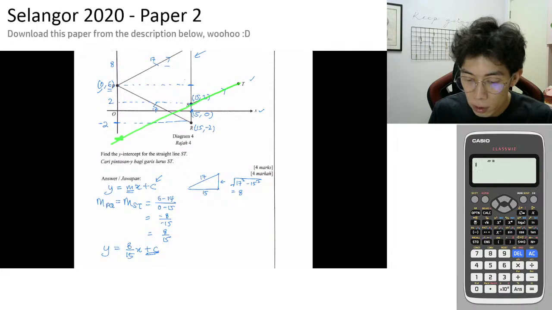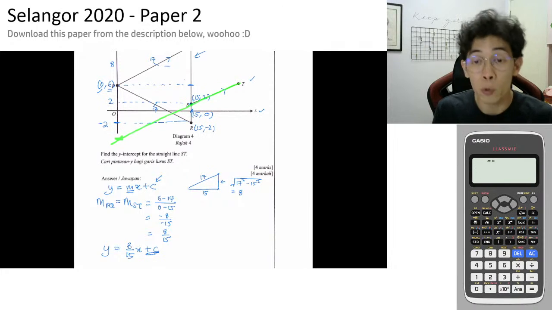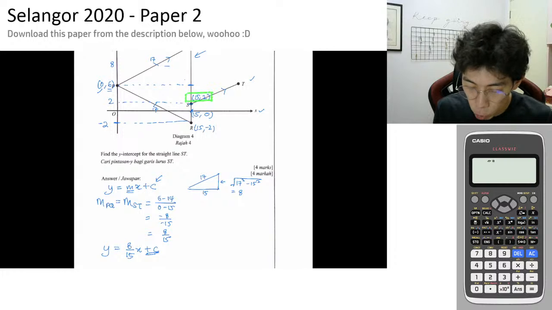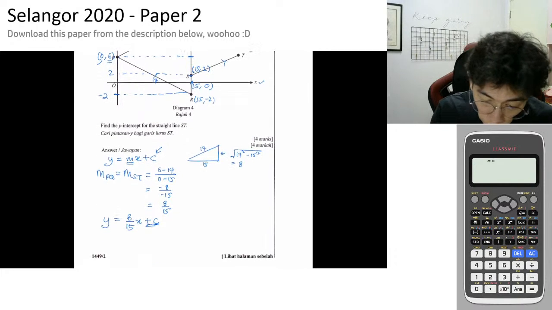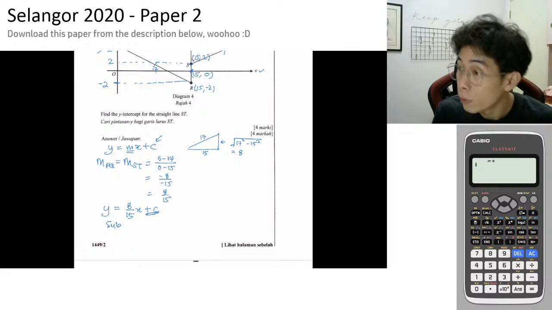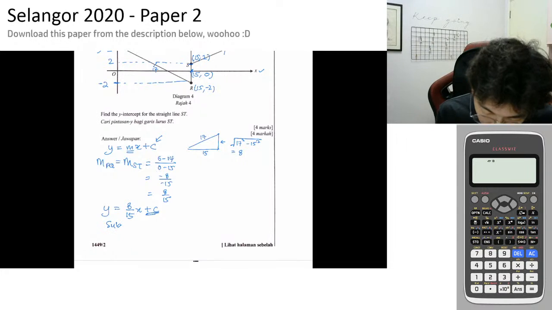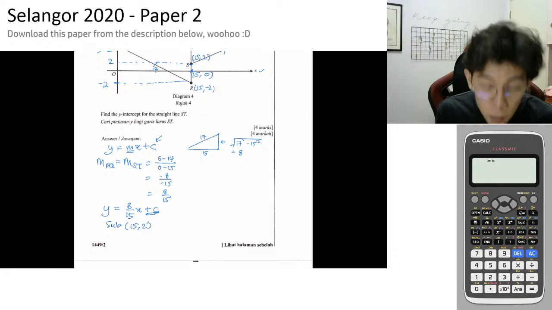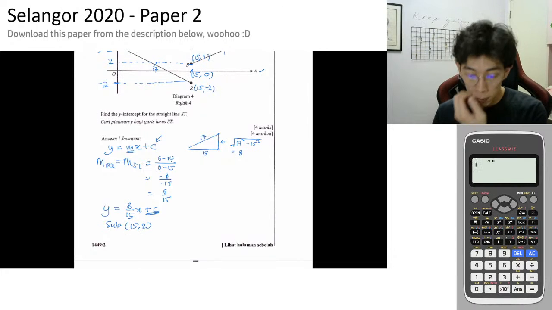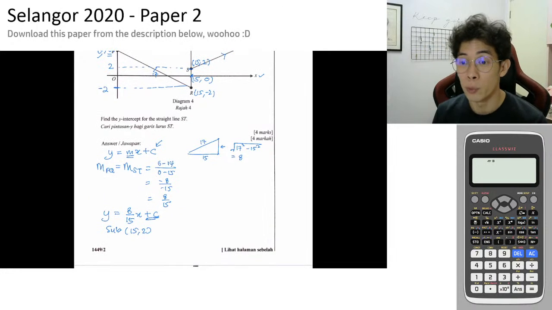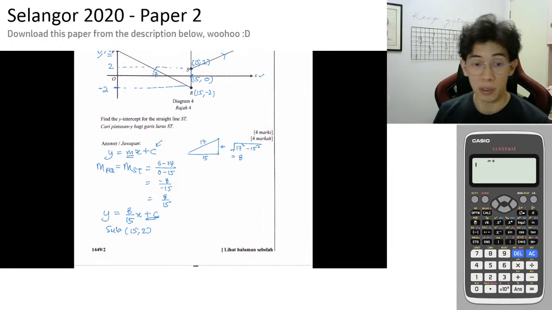So what you do is sub in a relevant coordinate, the coordinate 15 and 2. So I'll put the 15, 2 inside. Let's go through it to see whether I put it wrongly or not. Okay, very good. That's why the more coordinates you have, the better. The reason being you can solve your gradient, you can sub in relevant coordinates, all those things.